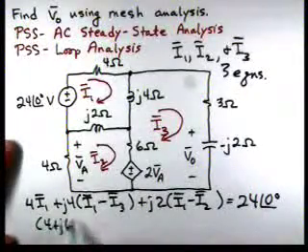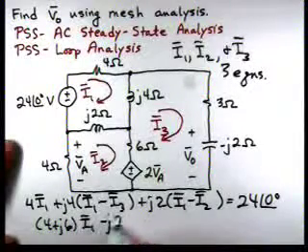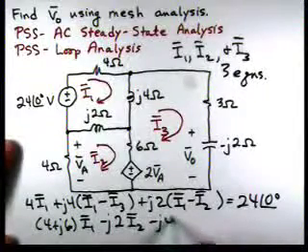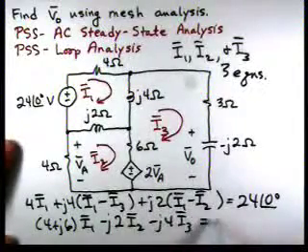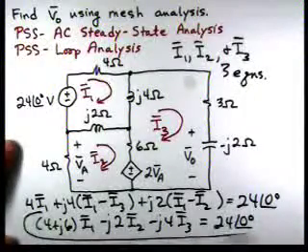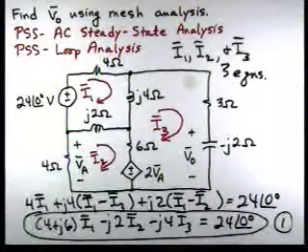And this simplifies to (4 plus J6) I1 minus J2 I2 minus J4 I3 equal to 24. So here's one of our equations.